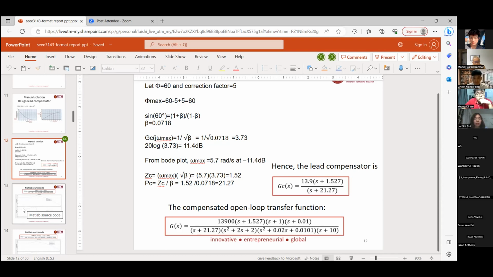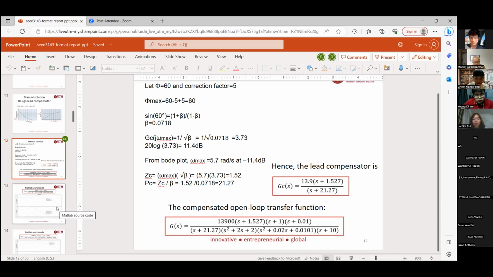From the previous bode plot, by using this negative 11.4 dB, we can find our maximum frequency at 5.7 radian per second. From here, we can find our ZC and also the PC.